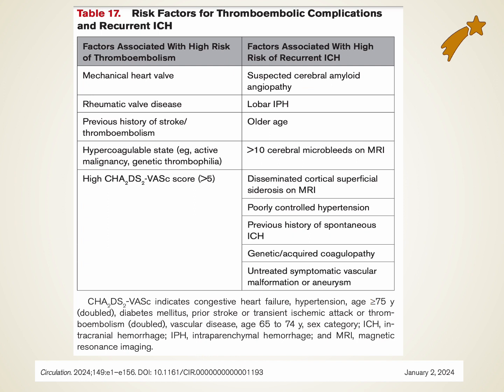And then you want to think about what are the risk factors for thromboembolism versus risk for intracranial hemorrhage. And so the highest risk patients for a concurrent embolism with AFib include patients with concurrent mechanical heart valve disease, rheumatic disease, a prior stroke or thromboembolic event, hypercoagulable states, including certain malignancies or genetic predispositions, or very high CHA2DS2-VASc scores above 6.